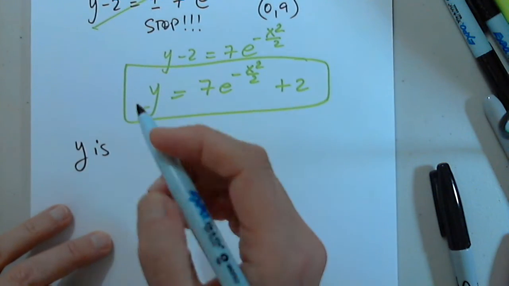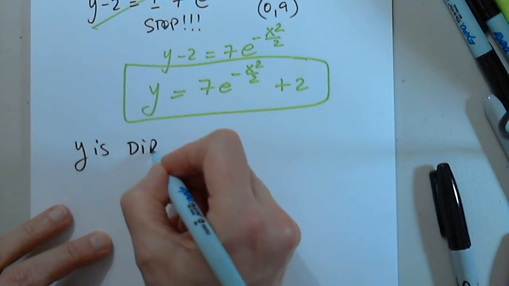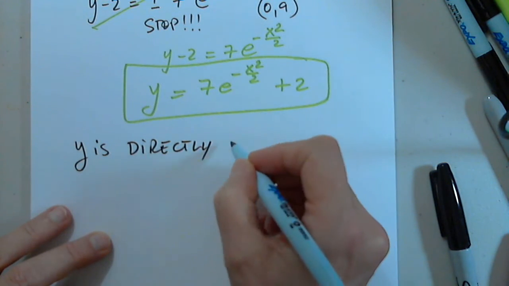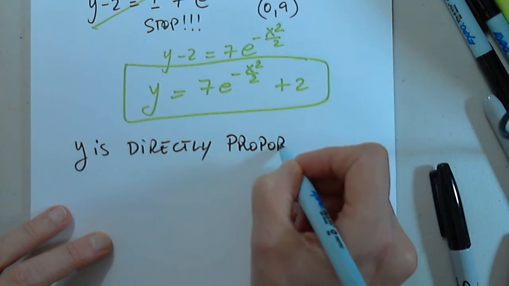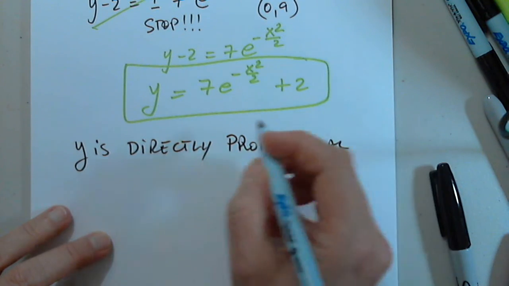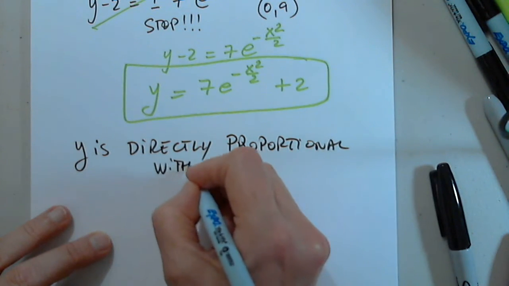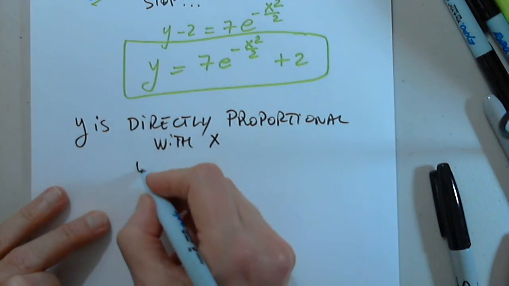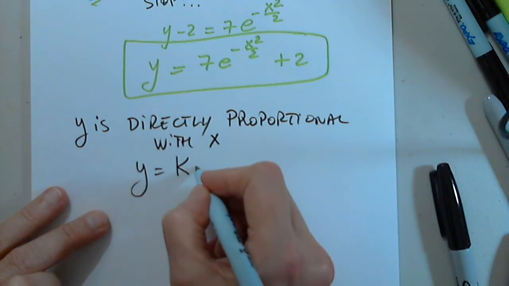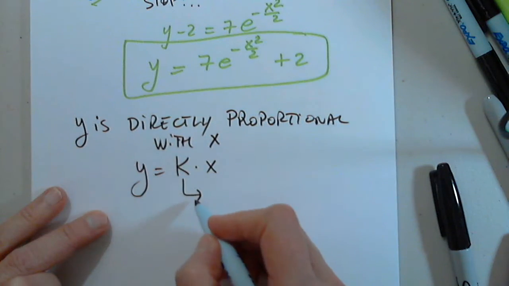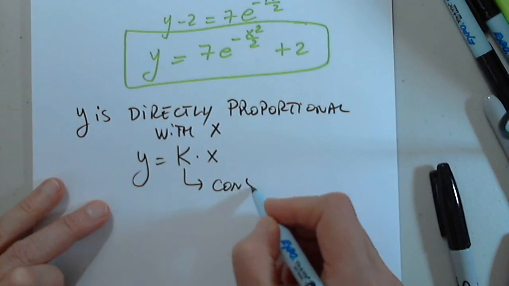I think it's okay. So y is directly proportional with x means y equals a constant times x. This is the constant of proportionality.